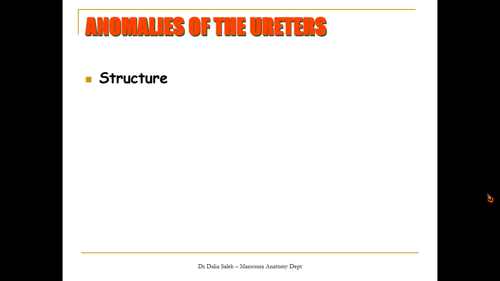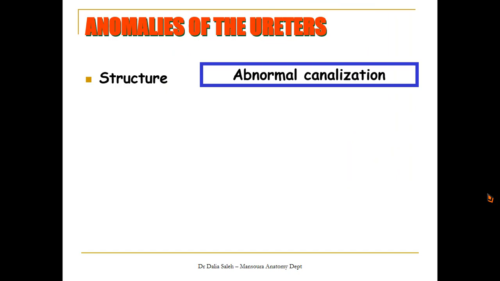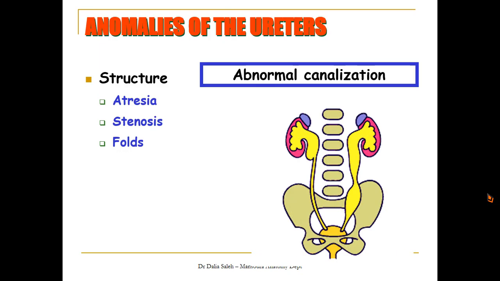Also, the structure of the ureter could be abnormal, like if there is abnormal canalization of the ureter, so we end up with atresia, or complete failure of forming a lumen inside the ureter, or stricture, a narrowing of the lumen of the ureter, which we call stenosis. And sometimes there are folds inside the ureteric lumen made by the mucosa.